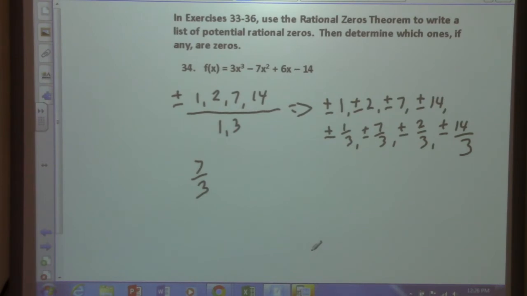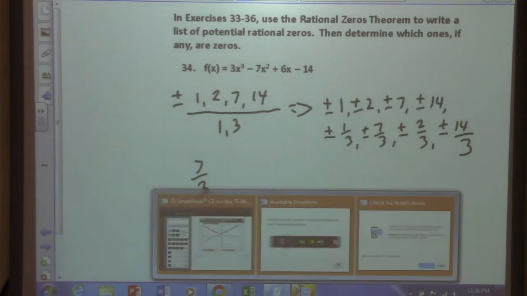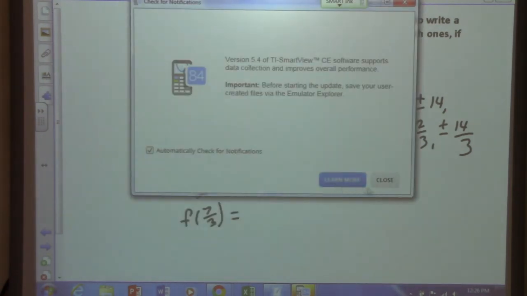How do you test that as a real zero? Put it in for f of x. Yes, what Riley said is right. If we take f of 7/3, we should get 0, right? I want to show you how to do that in the calculator.